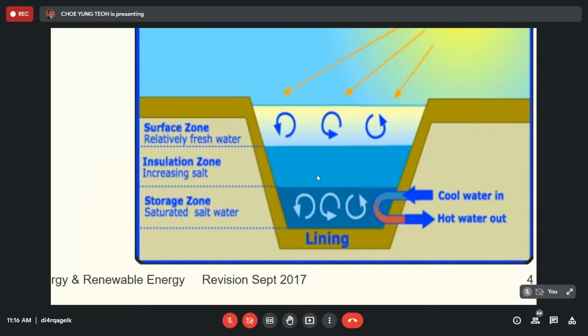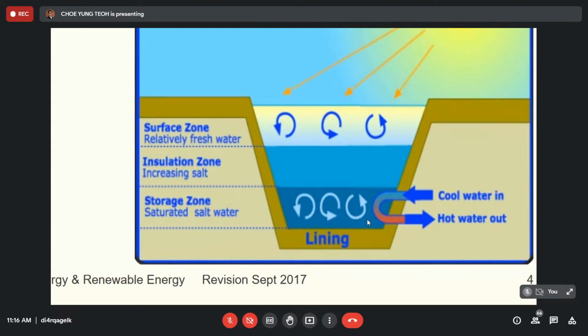Of course, if you apply some force to stir the water, it will move upward. But if you leave it steadily and only let the heat move the salt water from the bottom to the second layer, it will be quite difficult because it's very heavy. You want to move it upward, but you do not have enough energy. So automatically, it will act as an insulator.